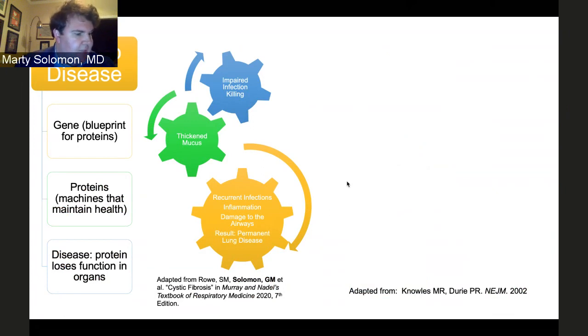In this circumstance, the lack of proper gating, or the gate function of the protein, leads to lack of movement of ions and water, which results in both thickened mucus and the impaired ability to kill infections like bacteria. When this happens, this sets up a destructive cycle at the bottom of the diagram of recurrent infections, inflammation, and airway damage, and can result in permanent end-stage lung disease.